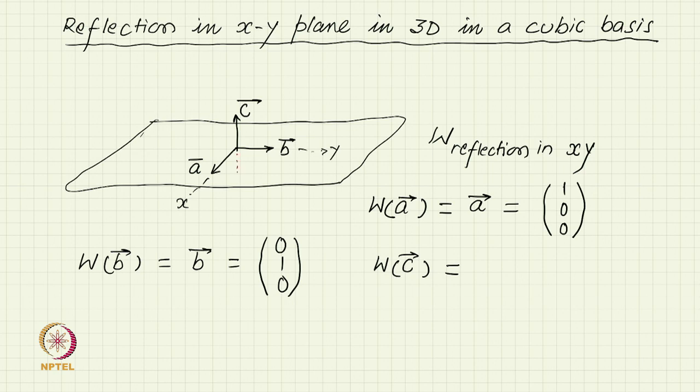Because if you are reflecting in the xy plane, instead of pointing up, it will point down and it will be a vector of the same length. So, W C is nothing but minus C. And minus C in our coordinate system is 0 0 minus 1.